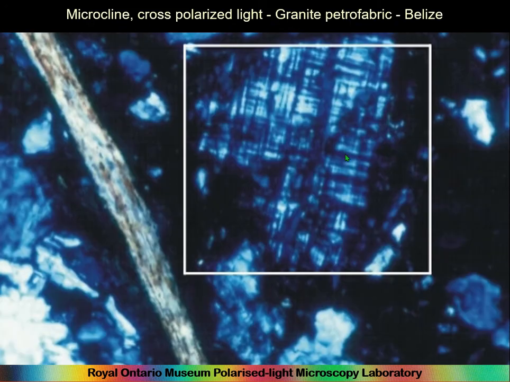So, of course, we see these in thin section, and sometimes you can look at the assemblage of minerals. For instance, this is microcline in a petrofabric called the Granitic Petrofabric from Belize. It is possible, you will not find lumps of granite in a pottery thin section, but you will find the minerals.